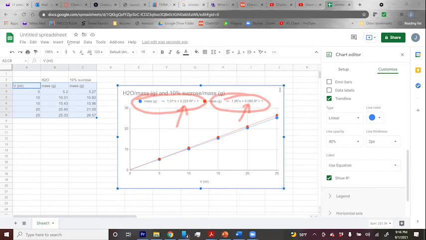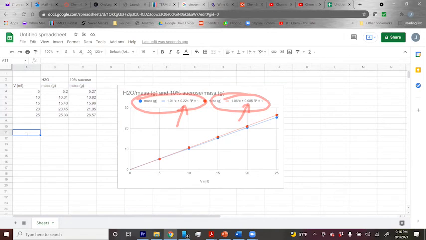If you remember what we had to do to do that, it was equals, see if I can remember how this goes. Oh, right. LINEST.